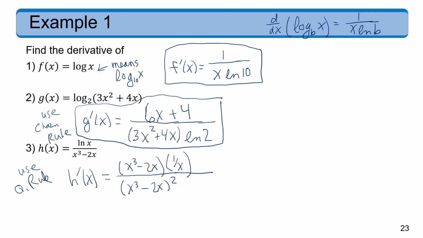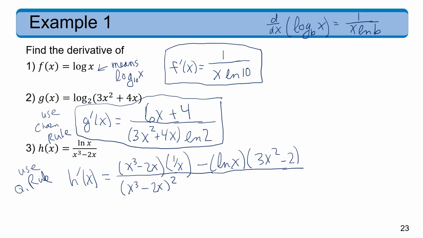Okay, so back to our quotient rule. We just did bottom times derivative of the top. Now we need to do minus top times derivative of the bottom. So top is natural log x, and then the derivative of the bottom, 3x squared minus 2.